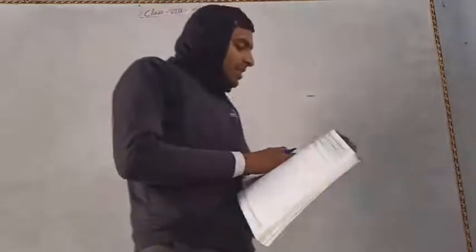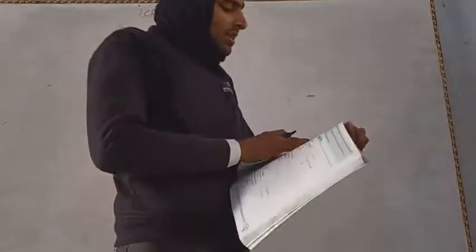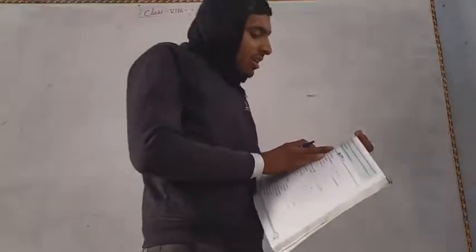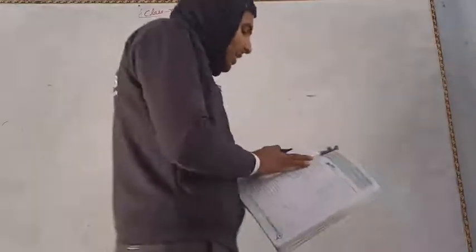In problem two, three angles of a quadrilateral are 30 degrees, 20 degrees and 80 degrees. Find out if it is a convex or concave quadrilateral.